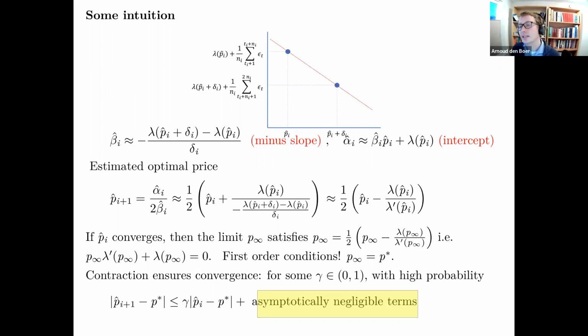Now, in this case, especially this part, it took some time, at least for me, to understand what's going on here. Why on earth is it the case that the limit price suddenly satisfies the first order conditions of the non-linear model? But I think that's a nice observation.